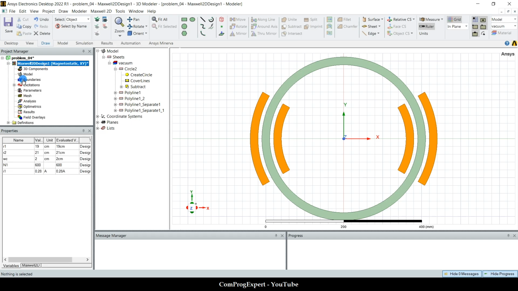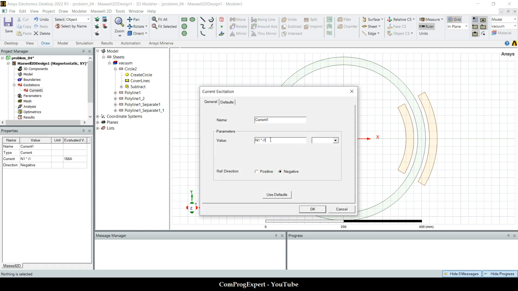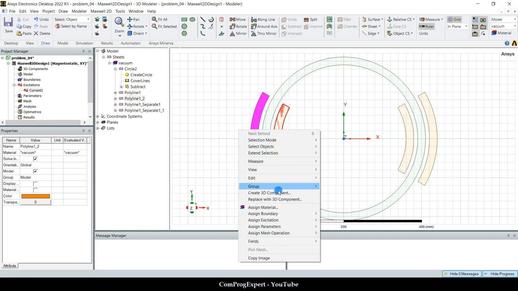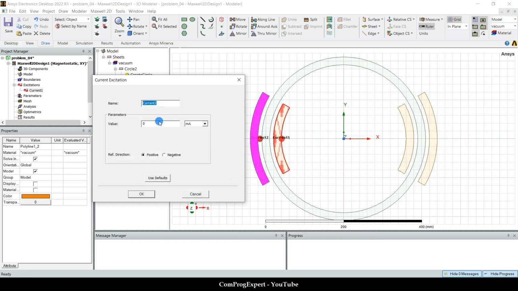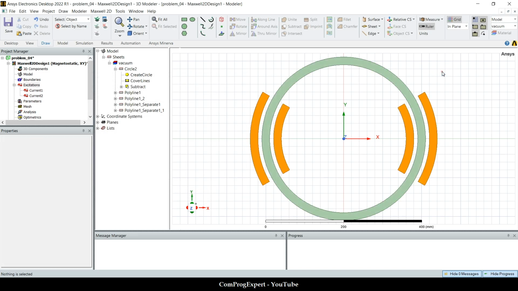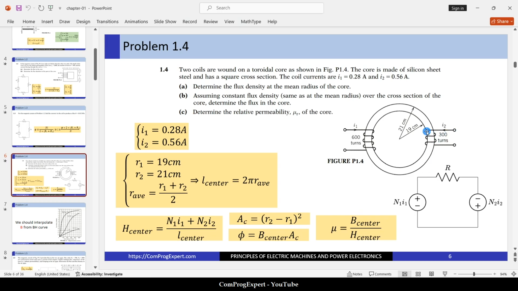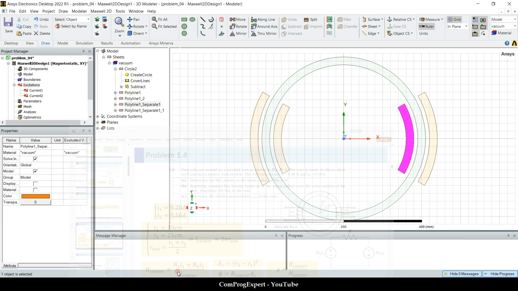So we have the same value for the next coil arm for this one. So assign excitation, but the direction is positive. For this one, again, as you can see, the direction of the current is into the paper.